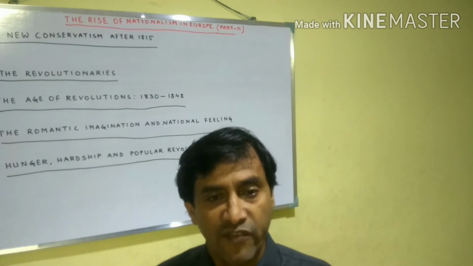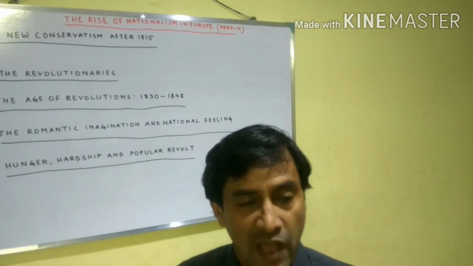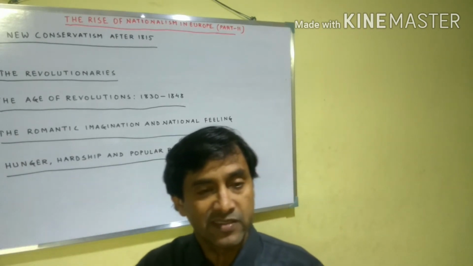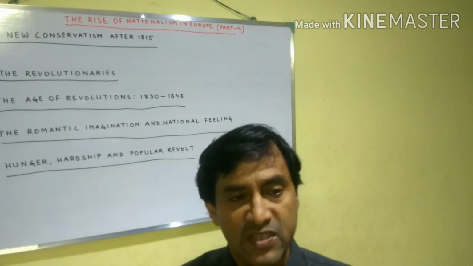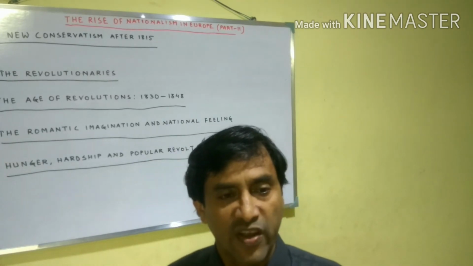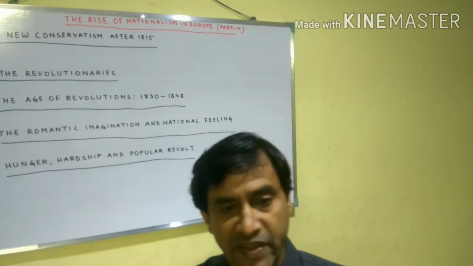The first upheaval took place in France, in July 1830. The Bourbon kings were overthrown by liberal revolutionaries. Louis Philippe was made a constitutional monarch, and Belgium got separated from the United Kingdom of the Netherlands.